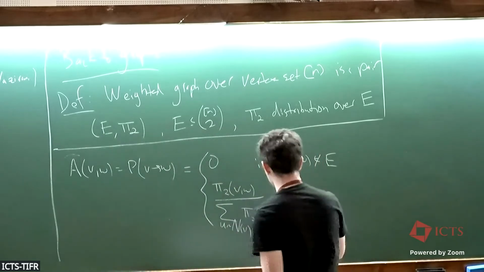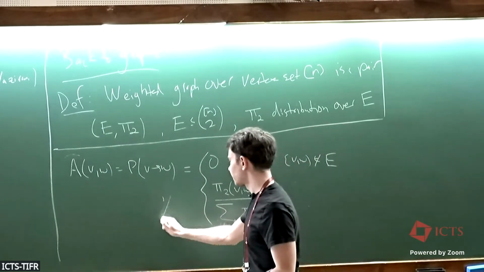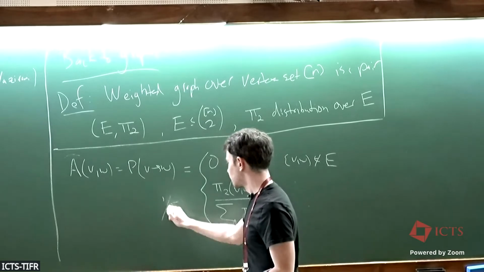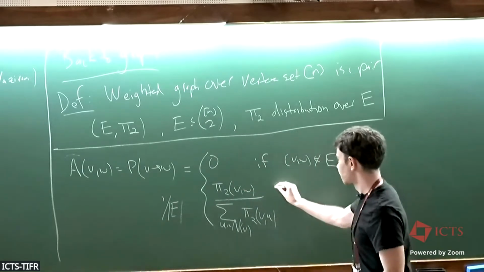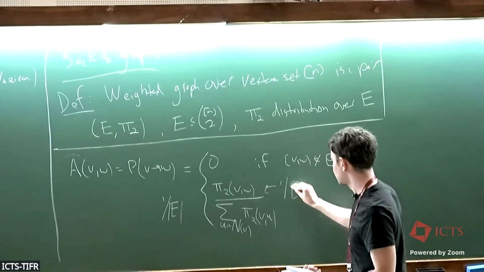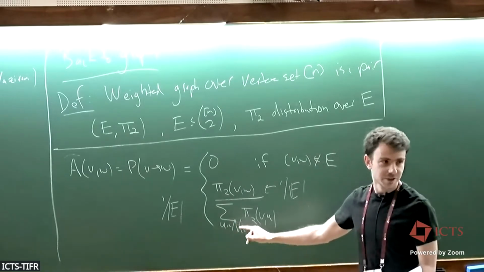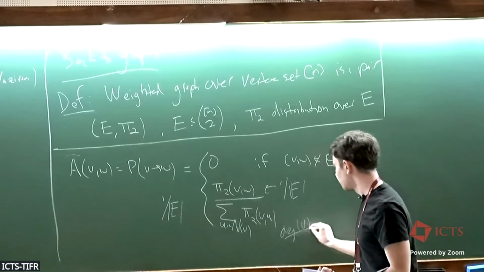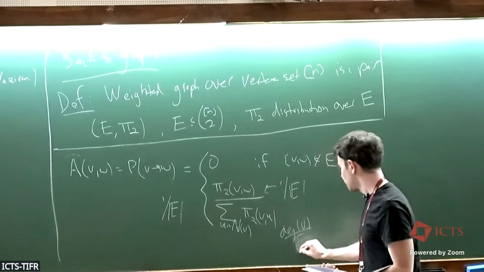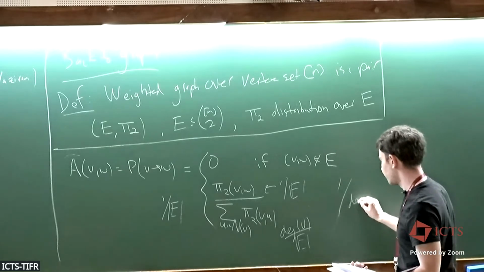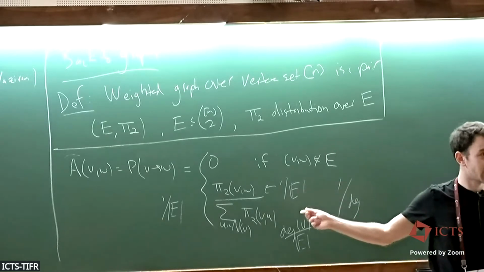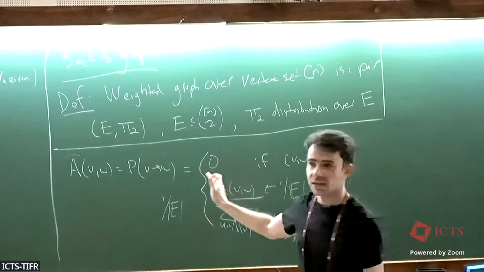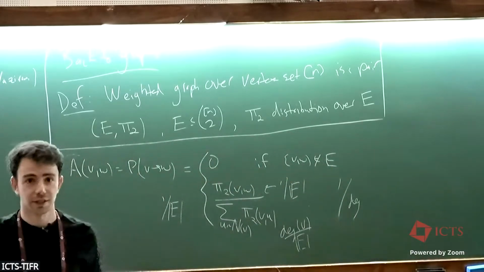Each of these weights in the uniform case is 1 over the total number of edges, so this will be 1 over E, and there are going to be degree V neighbors. So this is degree of V over E, and their division is just 1 over degree, which is exactly the normalizing factor that we had before. So this generalizes the irregular case that Dinur did before.